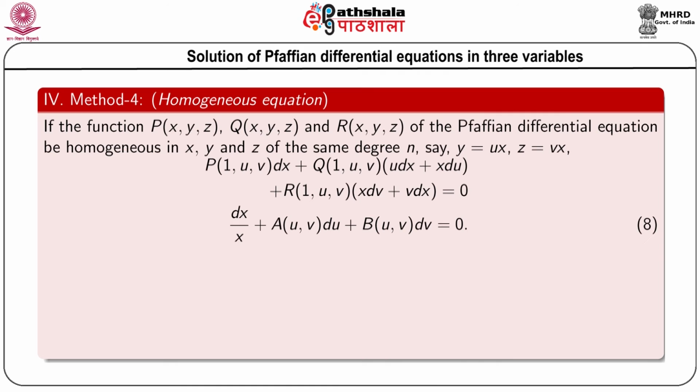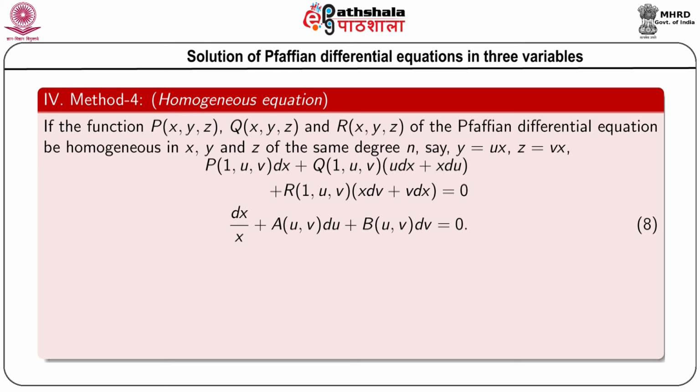Now, this is method 4. In this method 4, we are assuming that the functions p, q, r are homogeneous functions of x, y and z, and they are of the same degree n.